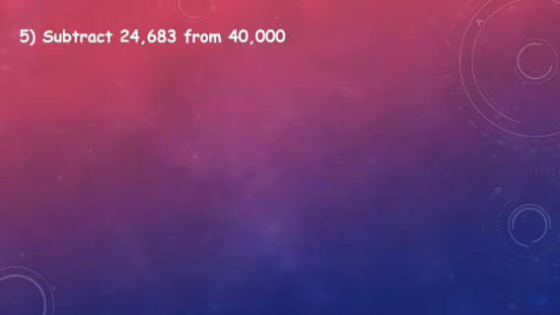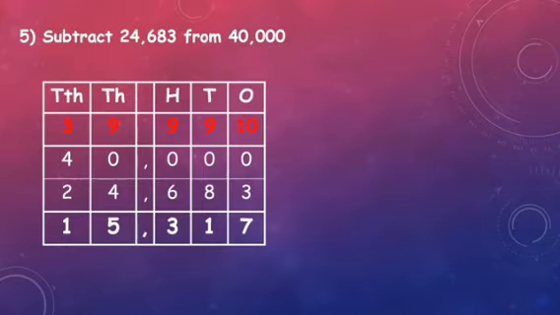Now the problem: subtract 24,683 from 40,000. We'll have to solve the same way. We have placed it in a place value chart, 40,000 and 24,683.